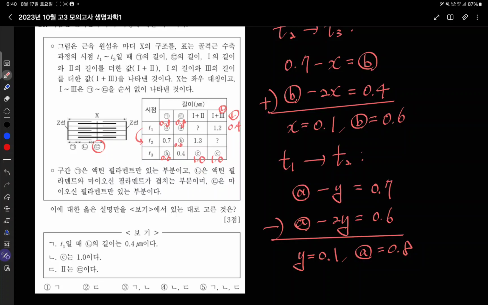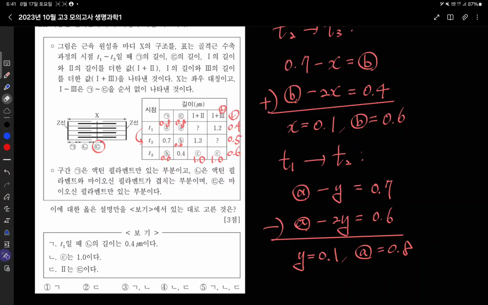And then when muscle contracts, the first and third part shortens, but the overlapping region should increase. So that means to make the sum 1.0, the overlapping region increases by 0.1, because the first part decreases by 0.1 micrometer.